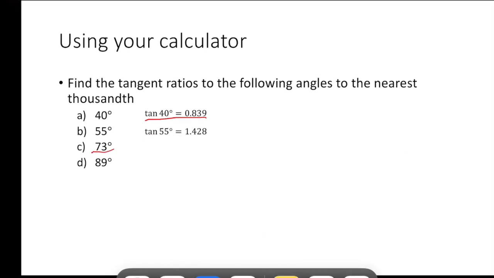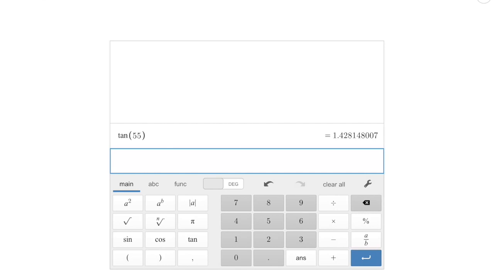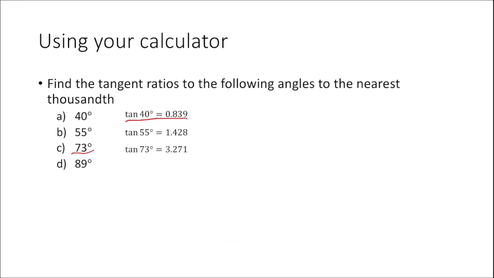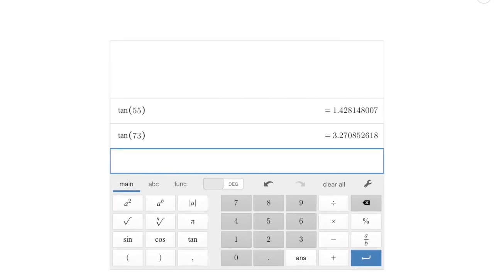Tan of 73 degrees is 3.27. Getting a little higher. That's right. And tan of 89 is 57.28.